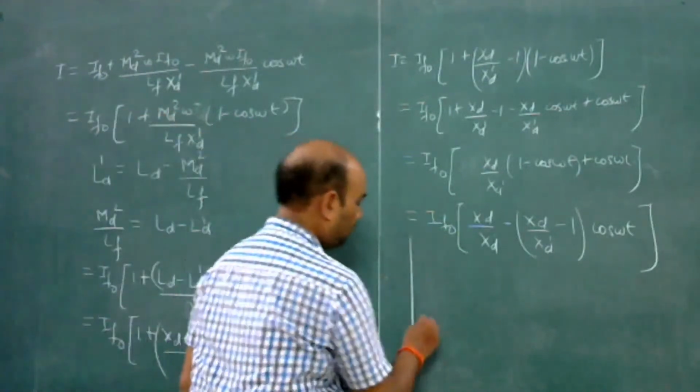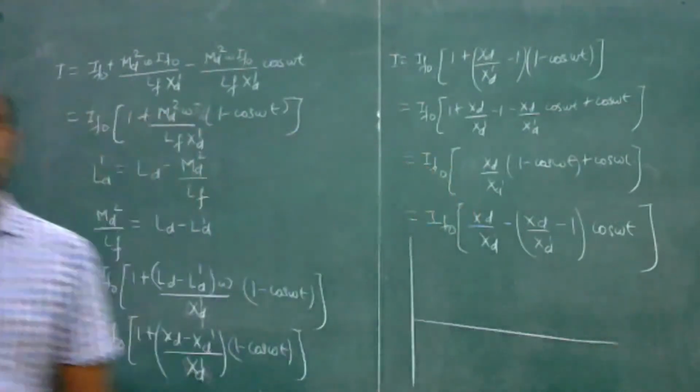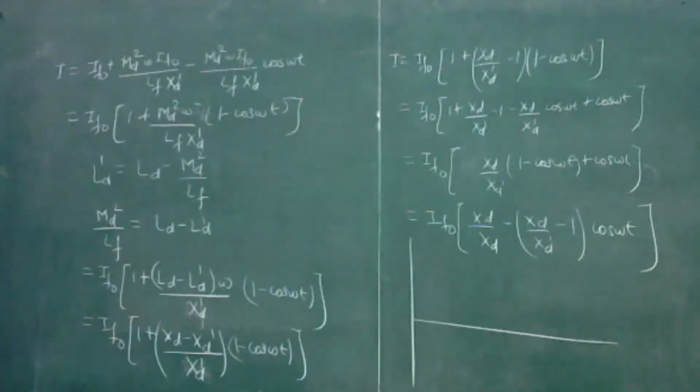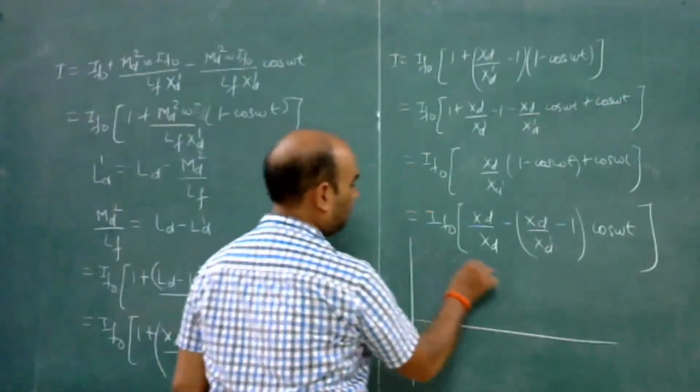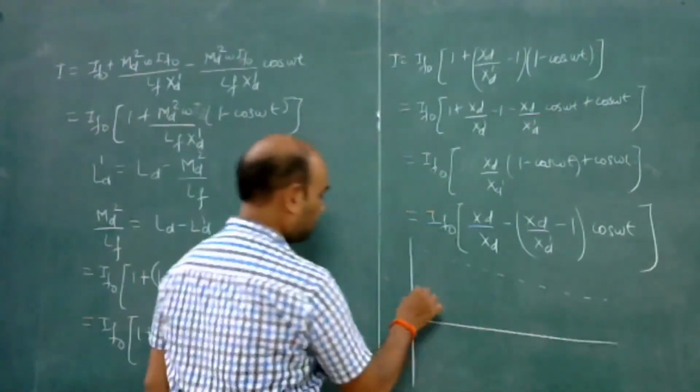And if we draw the variation of the field current, this will be the envelope like this.